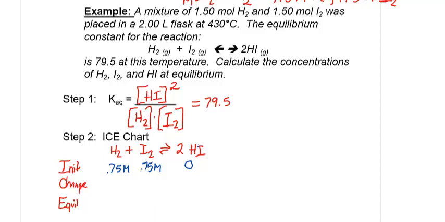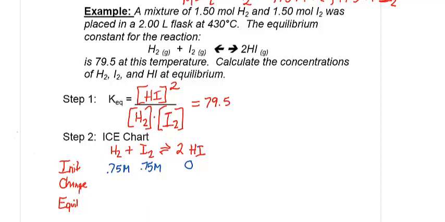Now, this change row, the next step, is where a lot of people get confused, and so I need to tell you one more thing about this. Typically, you will be losing your reactants to make products, and that's actually what's going to happen in this case. But it is possible that you would have too much products and you need to shift in reverse to make your reactants.